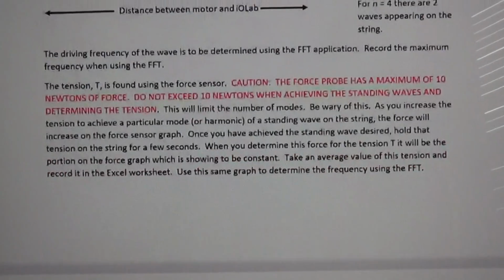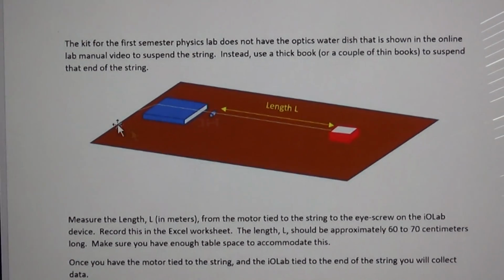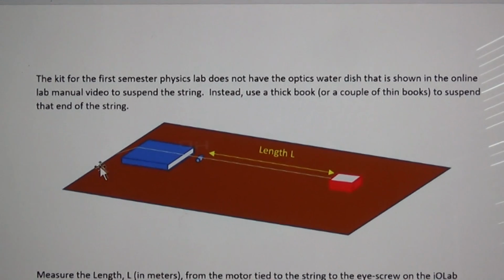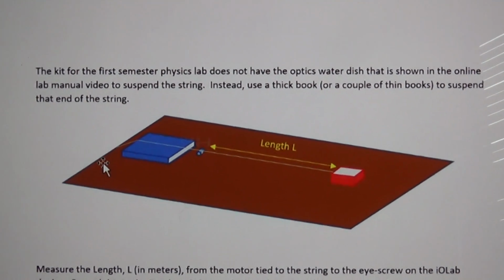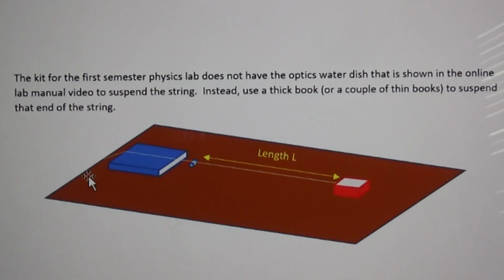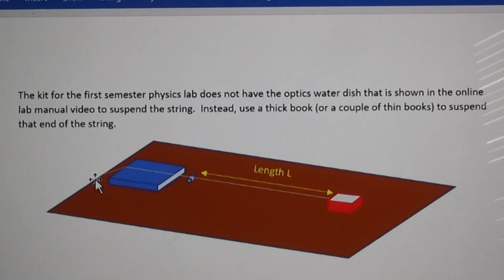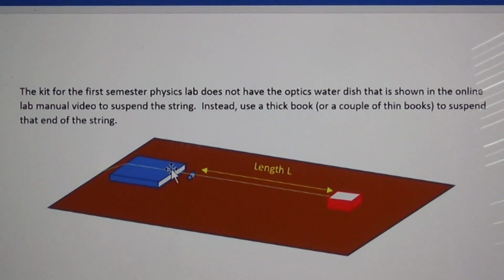All right, so when you get it all together, you've got this string, and one side of the string is tied off to your tabletop. I've got mine tied to the leg of my table, and it anchors it so it won't move. So this side is tied off. It doesn't move. And I'm using a hardback book to raise the string up.